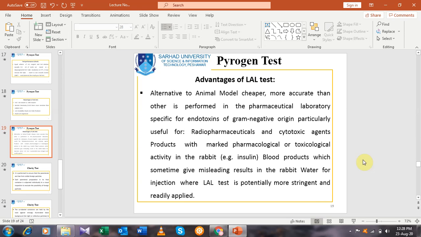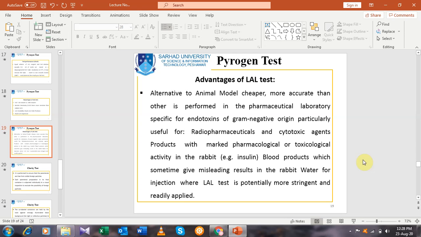These are useful products in this case. For example, insulin and blood products sometimes give misleading results in the rabbit, or water for injection, where the LAL test is potentially more stringent and readily applied. In these cases, it is an alternative to animals.